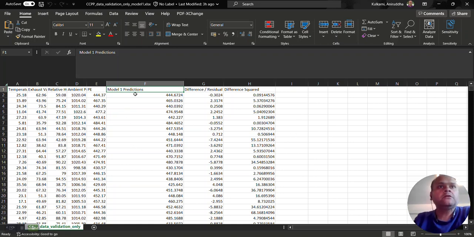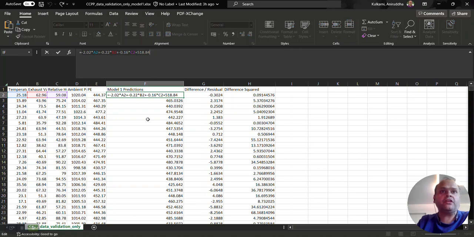What are these now? The model 1 predictions column is basically applying the linear regression equation that we got from our training step to the data set here.